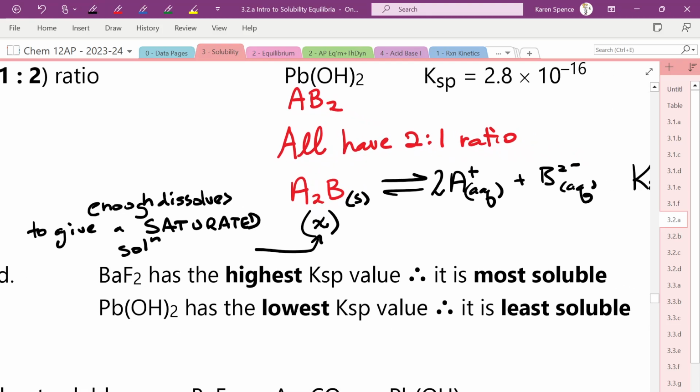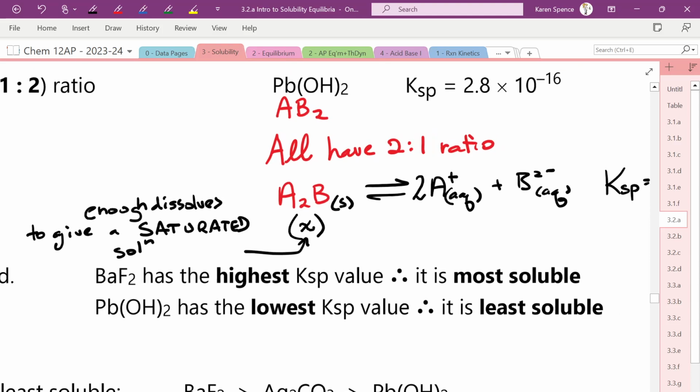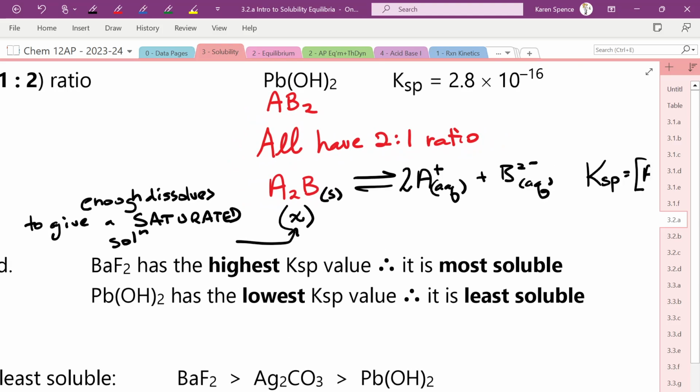And we're going to call that amount X. If that amount dissolves, then what will the concentration of A be? If this is X, it's going to be 2X. And how about the concentration of B?